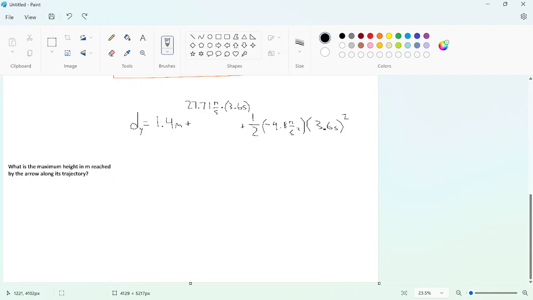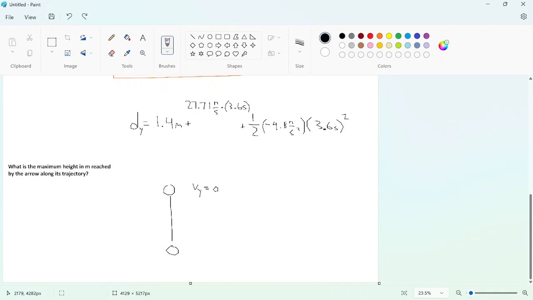Okay, so we know when you throw an object in the air, the moment it reaches its highest point is the same moment in which it can go no further upwards. In other words, its vertical velocity is going to be equal to zero when it's at its peak, which makes sense.